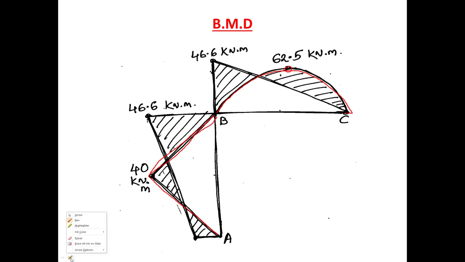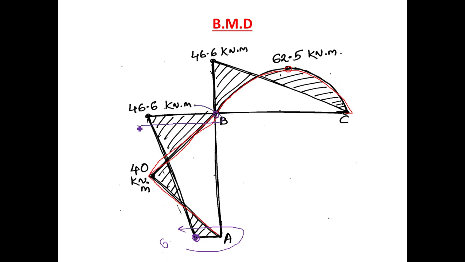Now negative moments, we have to draw negative moments. So negative moment at AB is anti-clockwise. Anti-clockwise means we should plot it towards the left. Magnitude of this moment is 6 point something, MAB. Okay, 6.7 we have calculated in the last step. So this is 6.7 moment. Then MBA moment is minus, that is clockwise 46.6.